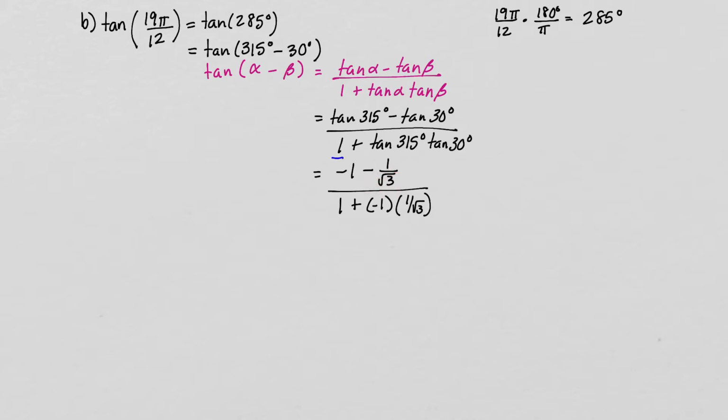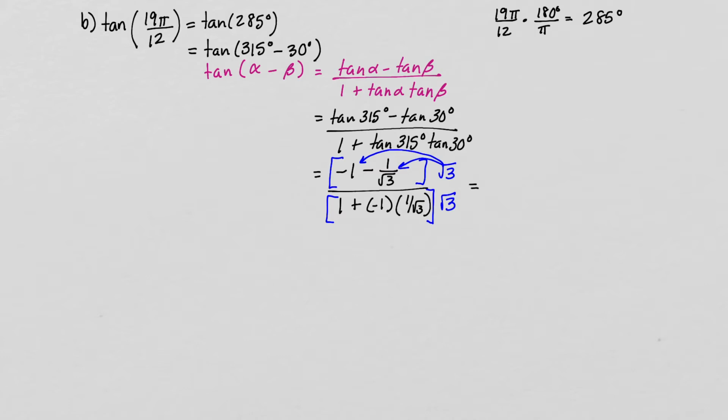What I'm going to do is multiply the top and the bottom by the same thing. As long as I multiply the top and bottom by the same thing, that's okay. So I'm going to multiply by the square root of 3 so that I can clear that out of the denominators. Now, when I multiply times the square root of 3, it has to go times each piece, so each term.